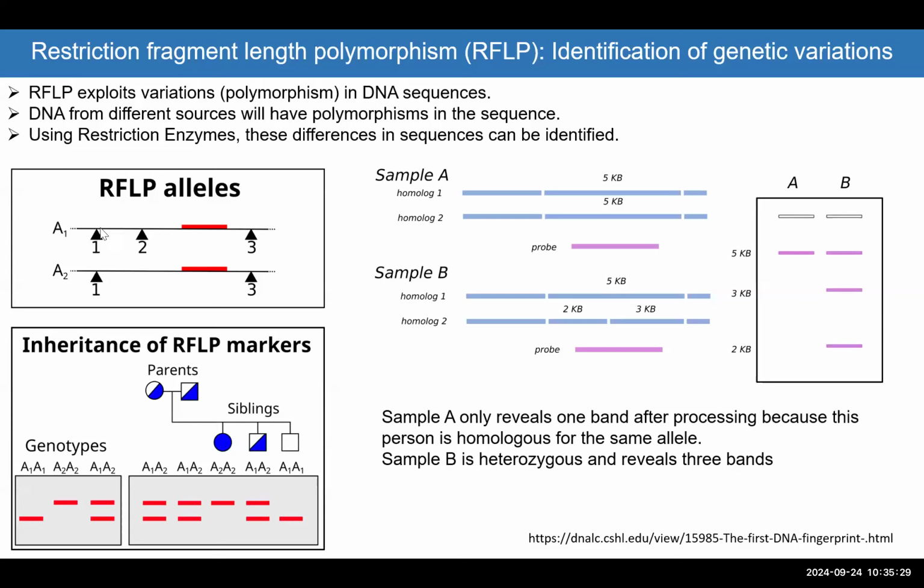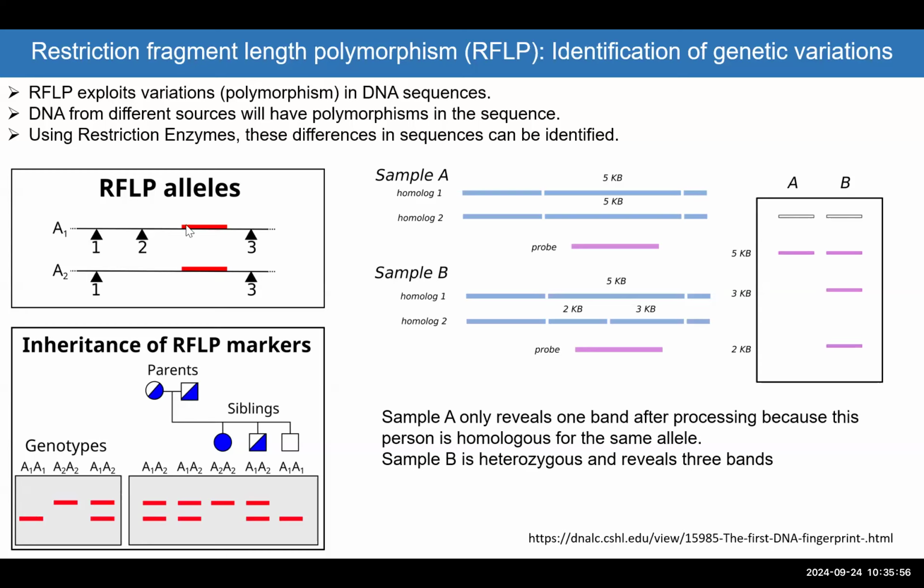This part, the part between 1 and 2, the part between 2 and 3, and then the part from 3 and below downstream. So you have 4 different fragments, but you are not going to be able to see the 4 fragments, right? Because your probe detects only the piece between 2 and 3. And that's why when you cut allele number 1, you see this band here.